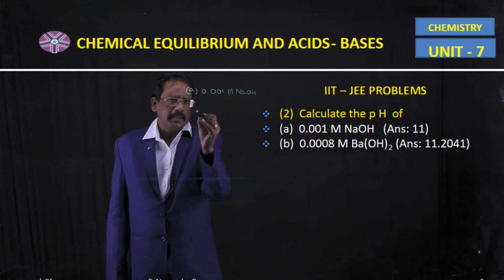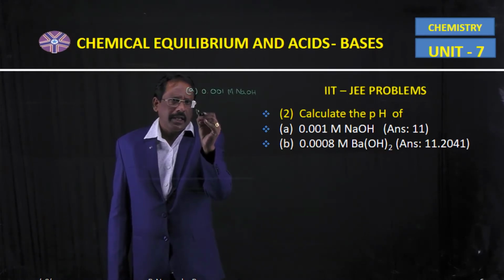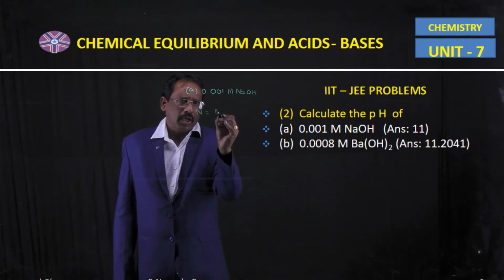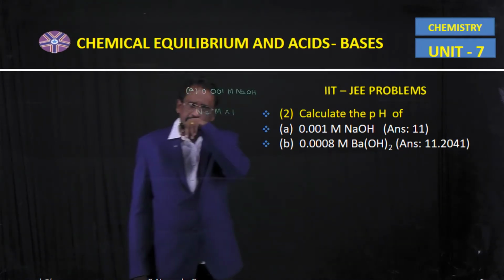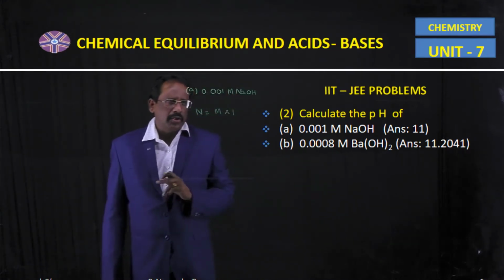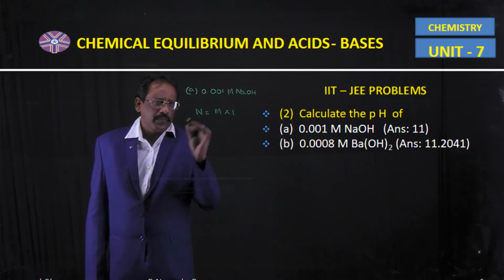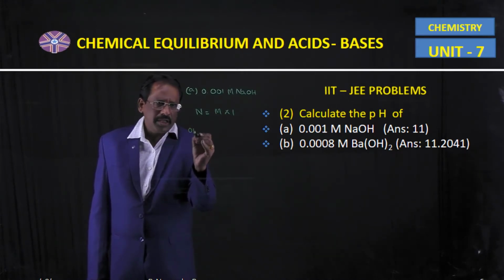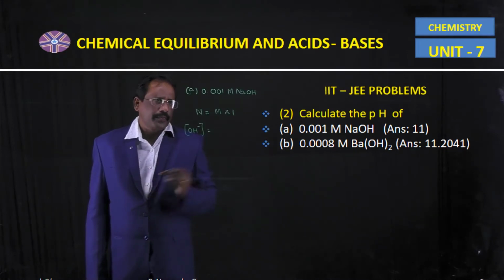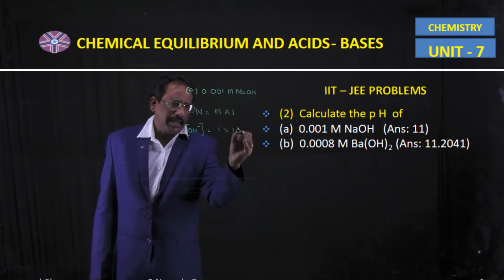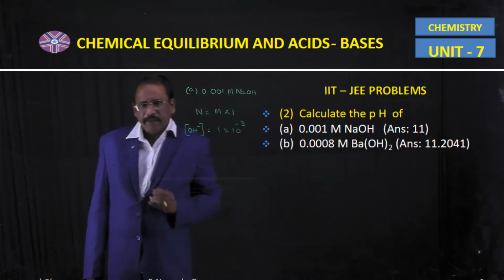Here the normality of this solution is equal to molarity into 1, because for caustic soda solution acidity is equal to 1. Therefore, OH minus ion active mass is equal to 1 into 10 power minus 3.